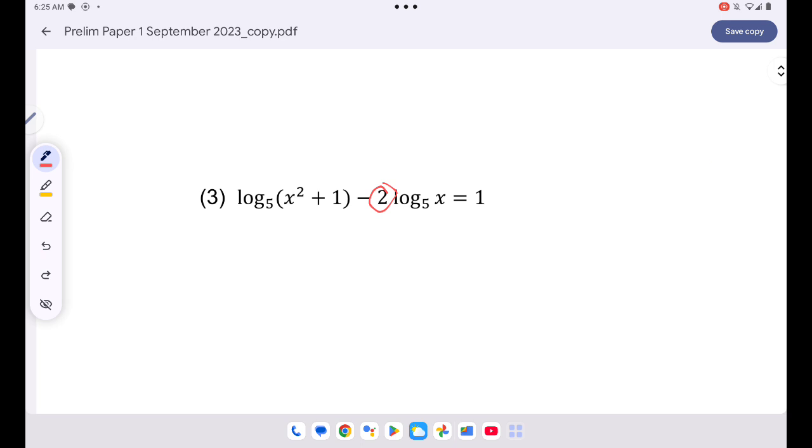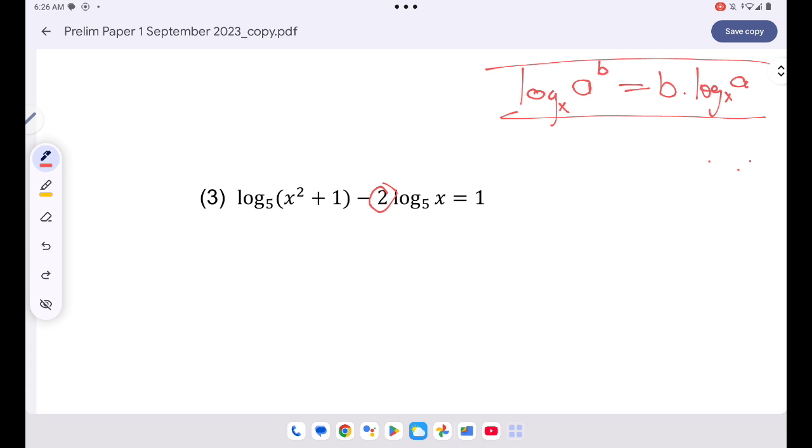Remember that in logarithms, there's a rule that simply says the log of a base x to the power b can be written as b multiplied by the log of a base x. Are you together? There is a rule that states this.